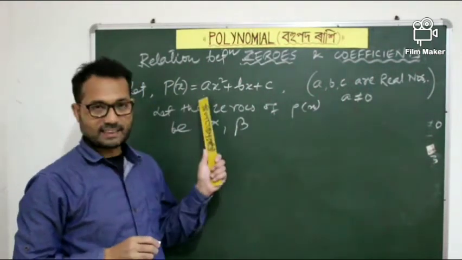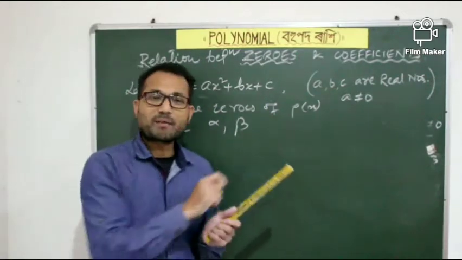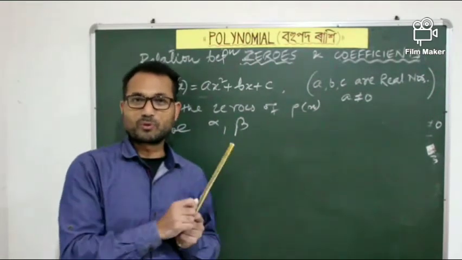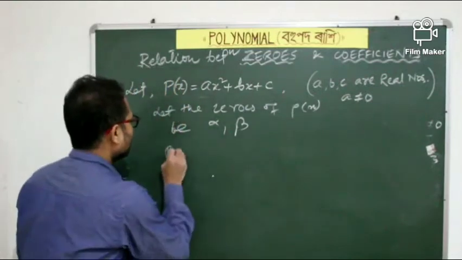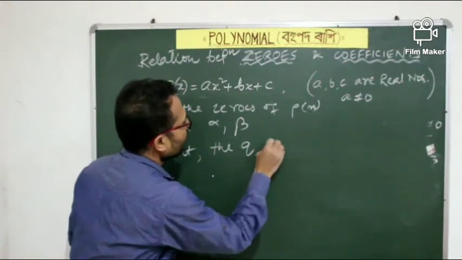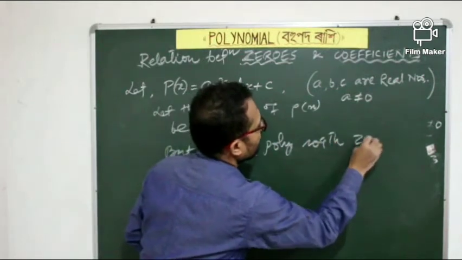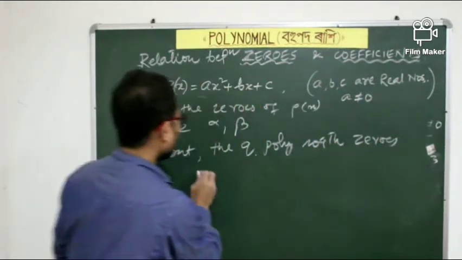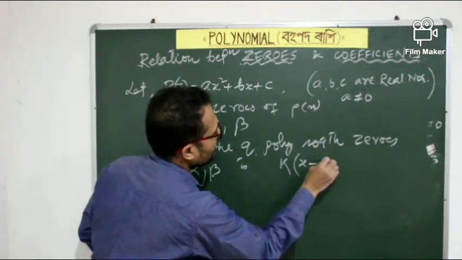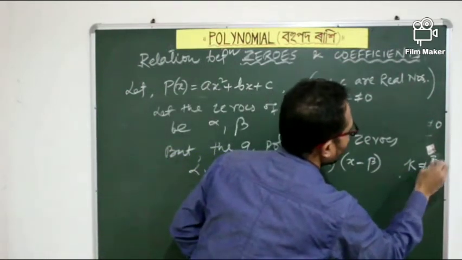But a little while ago we found that the quadratic polynomial with zeros alpha, beta is k times (x minus alpha)(x minus beta), where k is non-zero.